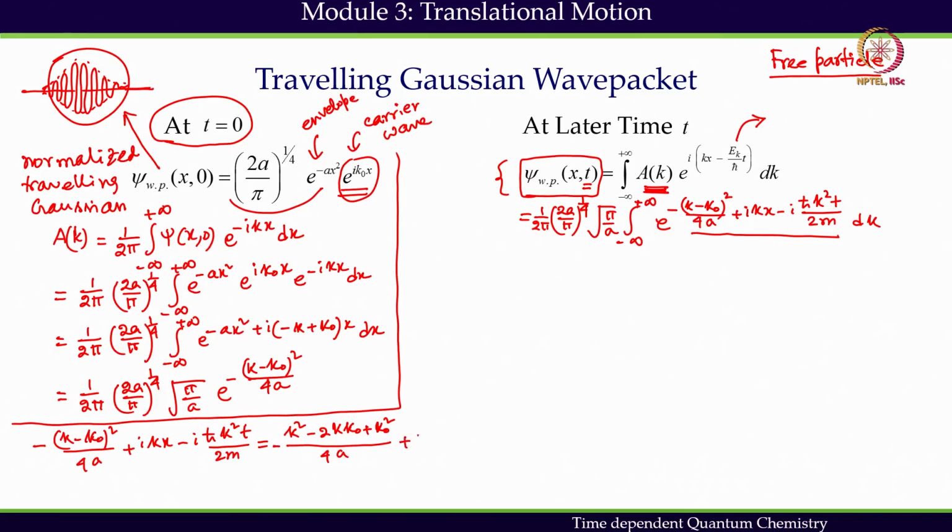Then I have plus ikx, and then I have minus i h cut k square t divided by 2m. So this can be written as minus k square within bracket 1 by 4a plus i h cut t by 2m.